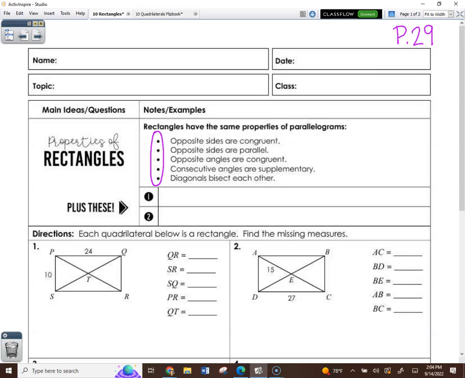We just need to add that all angles are right angles and diagonals are congruent.